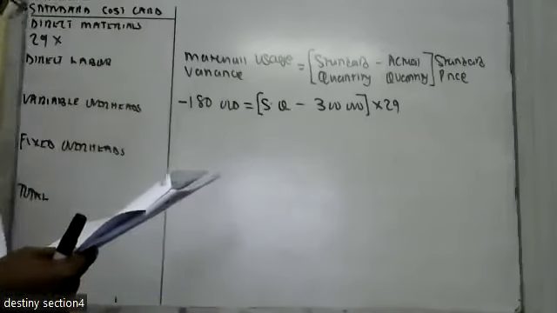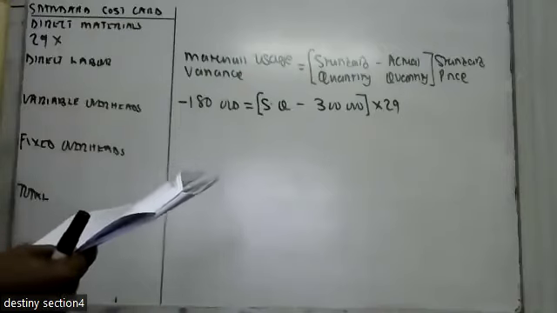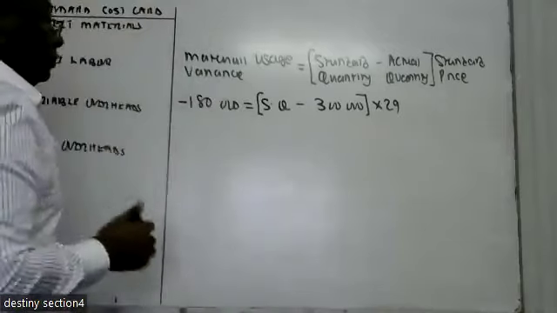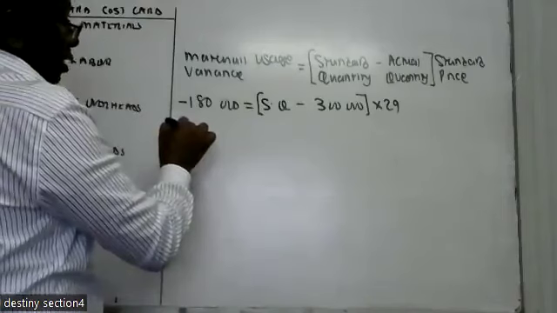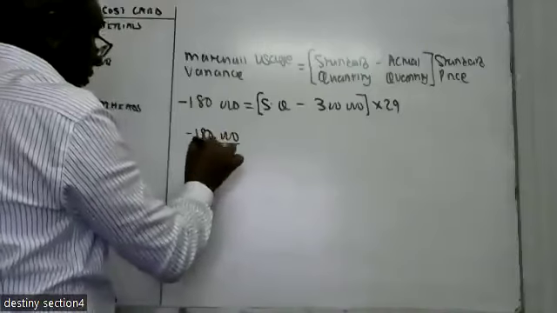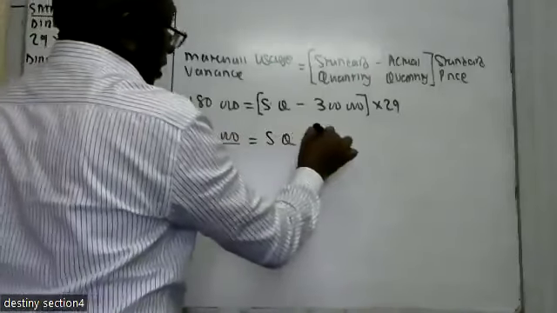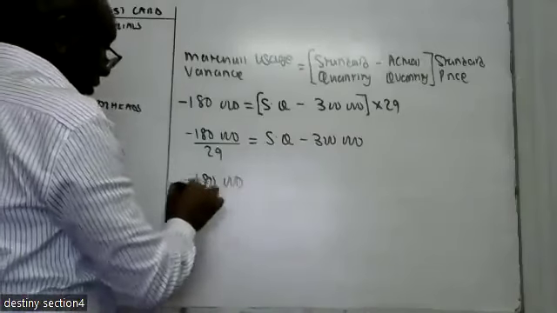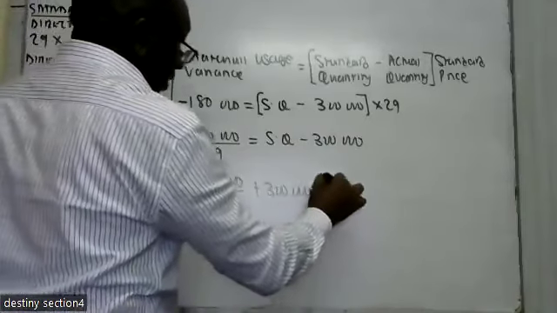This 84 divided by 3 is what gave us 28. So this becomes minus 180,000. You divide by 29, should be equal to standard quantity minus 300,000. So minus 180,000 divided by 29, you add back 300,000, that gives you the standard quantity.